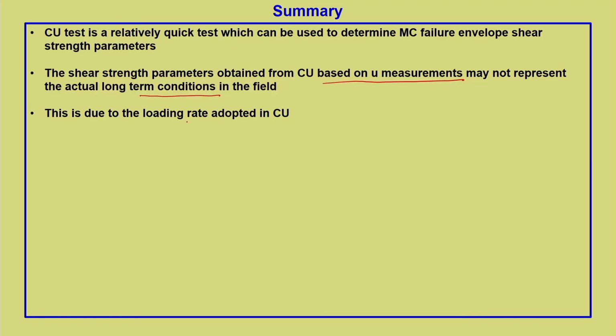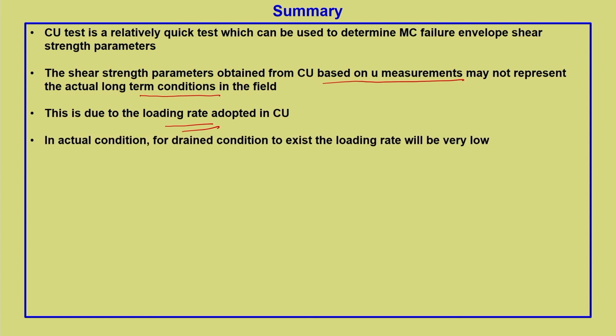For engineering purposes, we need a design value based on which we can design various structures, or the foundation, or various other applications. So, we need to understand that these are representative values and not really true values, because of these hidden factors involved. This has something to do with the loading rate, and we have already explained this.